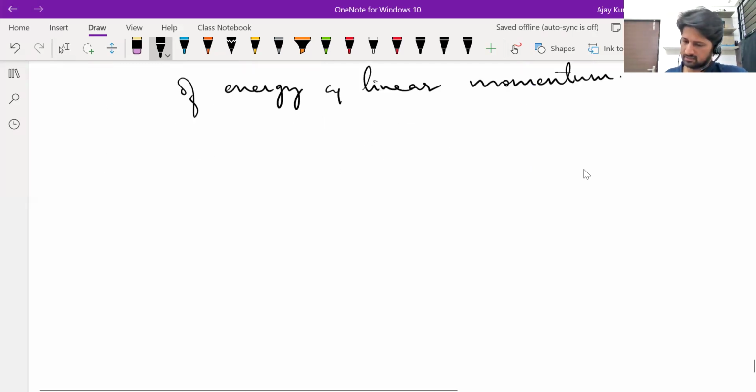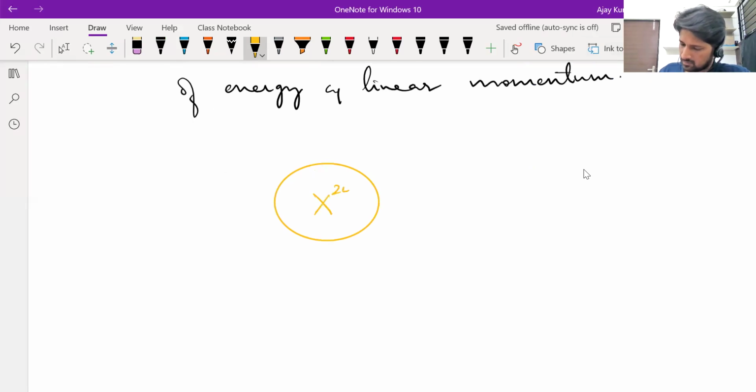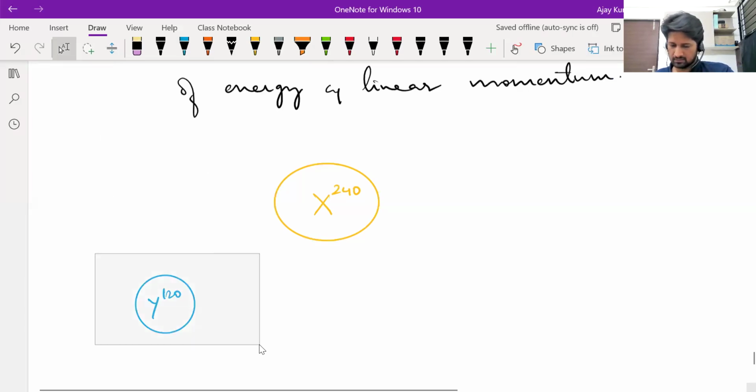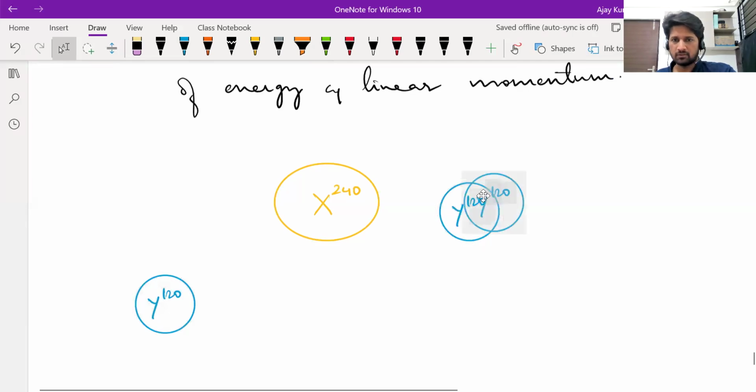Now, in this reaction, a heavy nucleus, X240, let's visualize X240 like this. It splits into two fragments, Y120 and Y120. The two fragments can be visualized like this. Let's say this is one Y120 nucleus, and this is another Y120 nucleus.